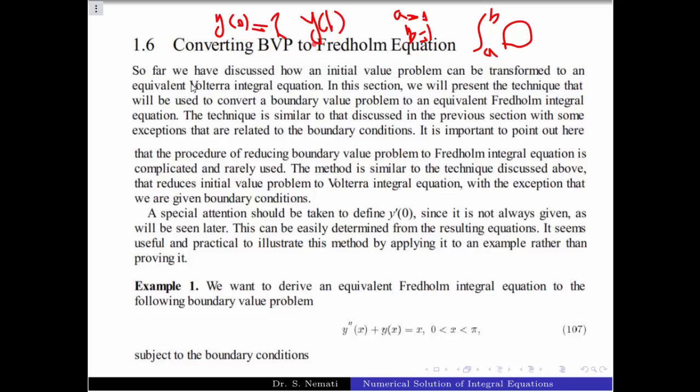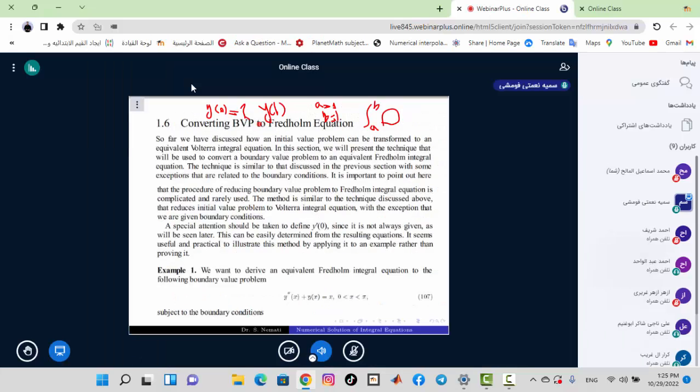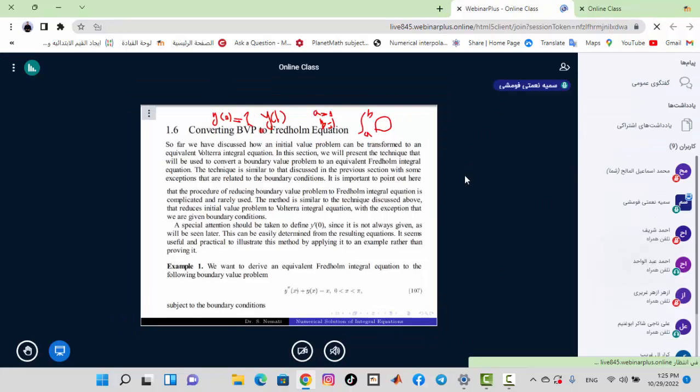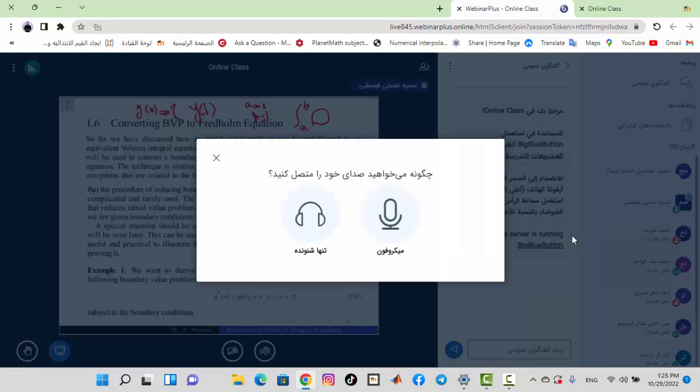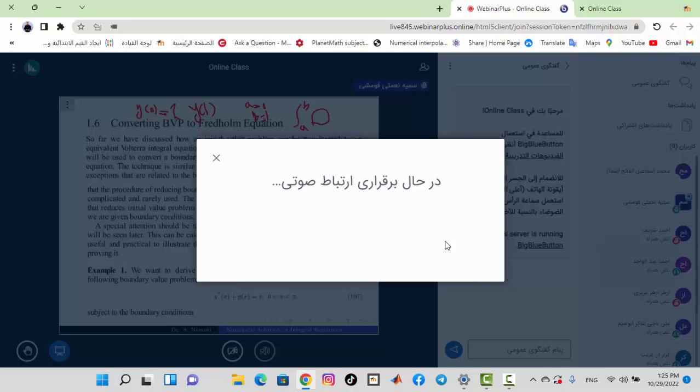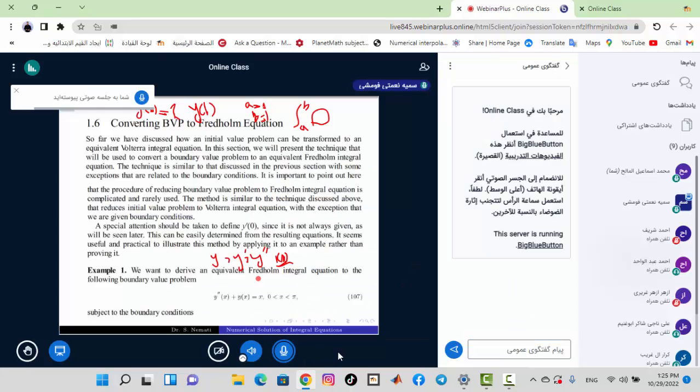Since we have the value of our functions on the boundary, we call this kind of problem a boundary value problem. We can transform it to a Fredholm integral equation.